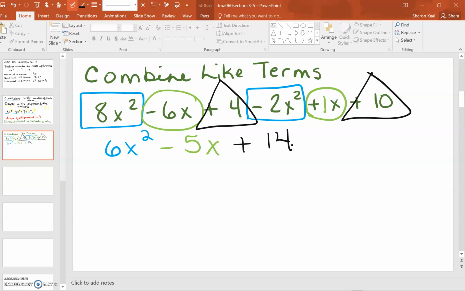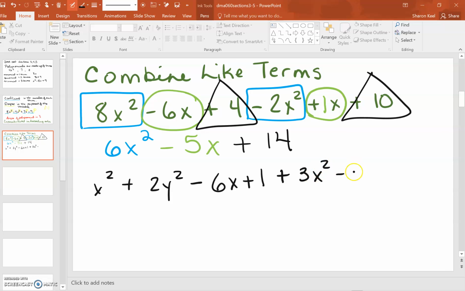If I were to have, let's say, x squared plus 2y squared minus 6x plus 1 plus 3x squared minus 7y squared plus 2x minus 3.